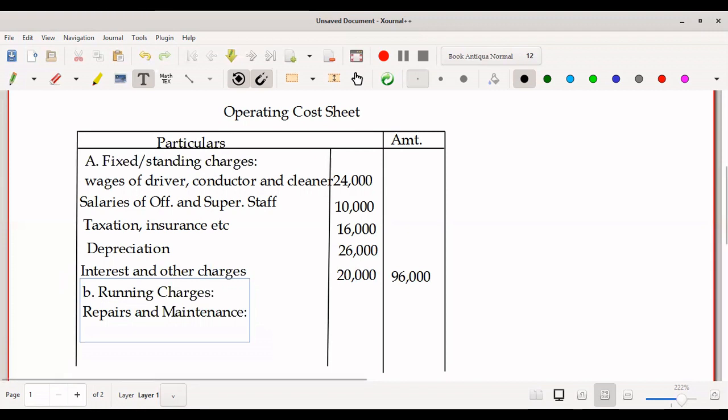Under this we have first one, repairs and maintenance. It is 8,000.